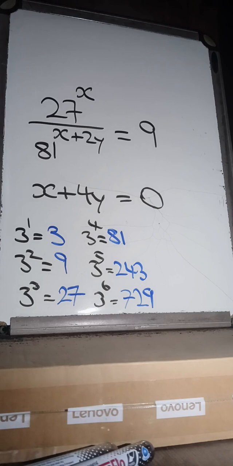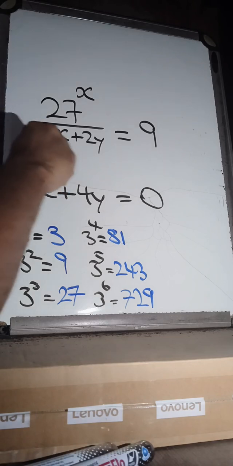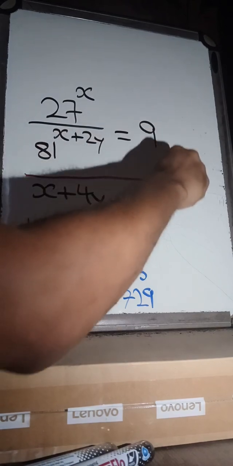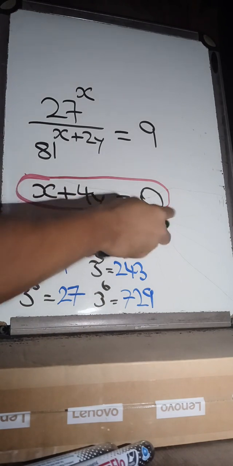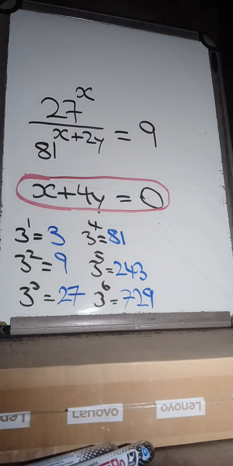Therefore, based on this is a clue. They're telling us that x is equal to minus 4y. So if we minus 4y from here and here, x is equal to minus 4y. And if you add minus 4y to this, we end up with 0.